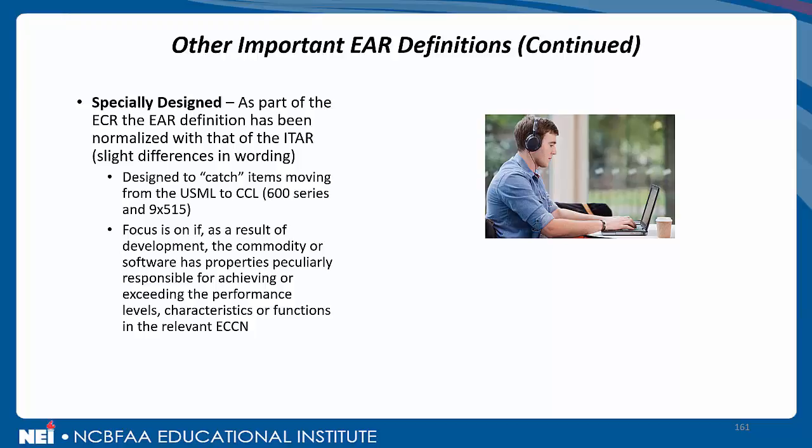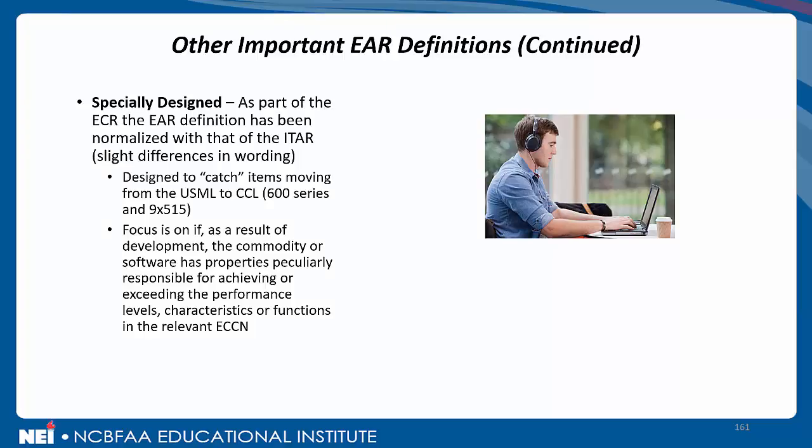under that Export Control Reform Initiative. In our first bullet point, we'll harken back to some terminology we saw during our ITAR sections. Specially designed, the definition is designed to catch items moving from the USML to CCL. You'll recognize the 600 series as well as the 9x515 discussion that we had.